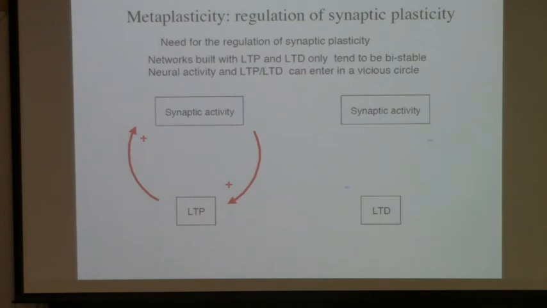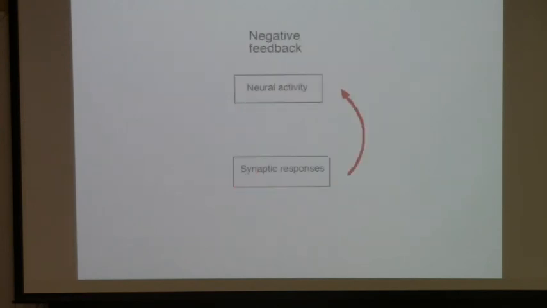The only way to make it stable was to precisely make LTP equal to LTD to begin with, and that's very unbiological. So you need some corrective mechanism, some homeostatic mechanism. And again, this is one of the cases of a theory preceding experiment.